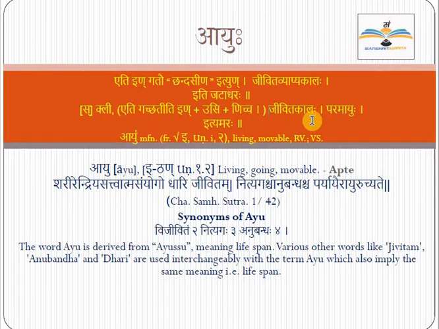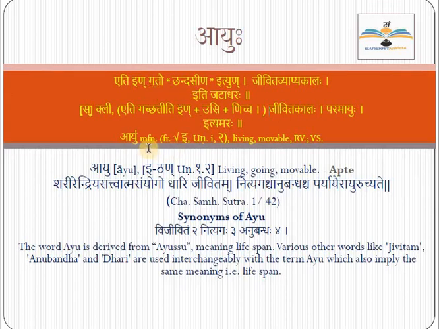So again, for the exam you people need to remember eti iti ayuhu. I repeat, eti iti ayuhu, that is the nirukti of this word ayu. And if you would like to know about the root verb, in gato is the root verb, that means to go. So something that goes is called life. Alright.